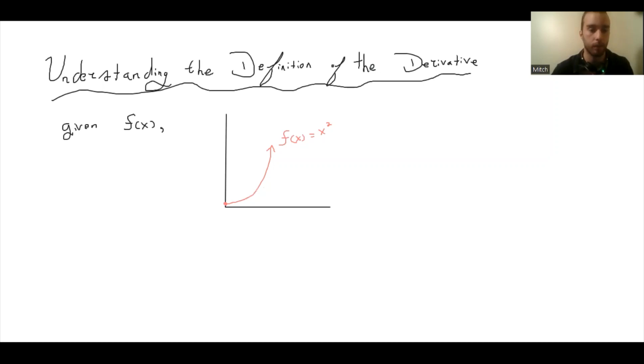Let me use a different color. The rate of change here is the slope at that point. The rate of change here is the slope at that point. Really, the derivative is giving you what the rate of change is at that point in the original function. And when you have a straight line, you know that the rate of change is the slope.